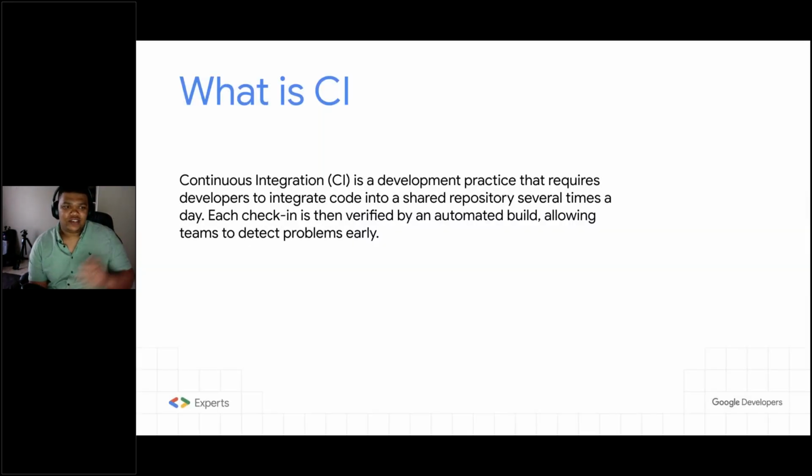So what is CI? Going to the source of truth, I guess, which is Wikipedia: continuous integration is a development practice that requires developers to integrate code into a shared repository several times a day. Each check-in is verified with an automated build and allows them to detect problems early.